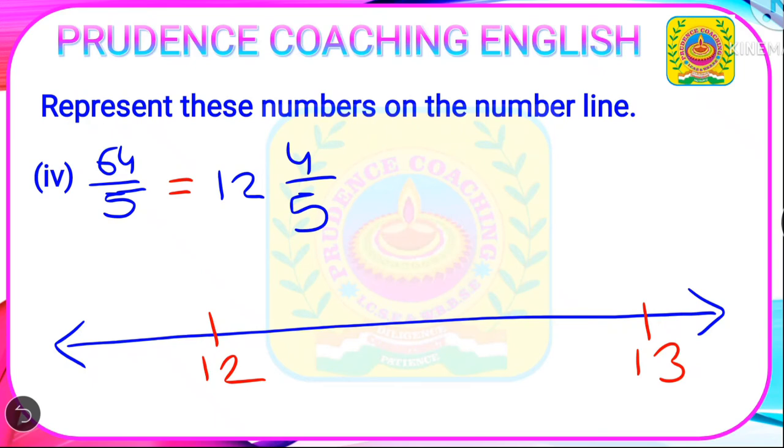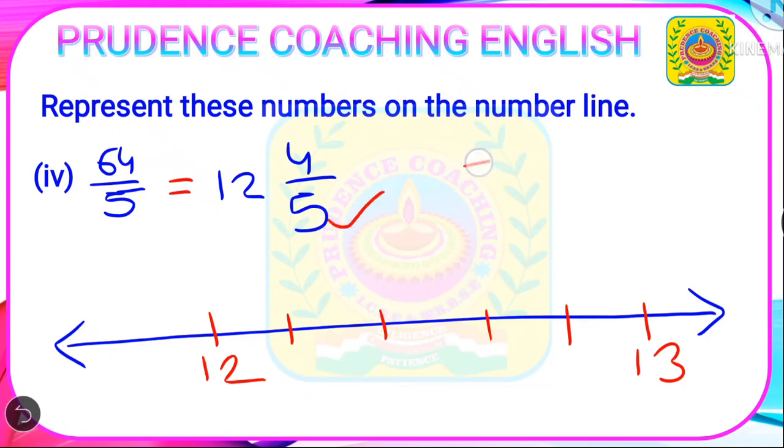For that we need to draw 4 lines. So we will draw 1, 2, 3 and 4, which will be at equal distance. After this, we have to make 12 here, and we have to keep the denominator 5.